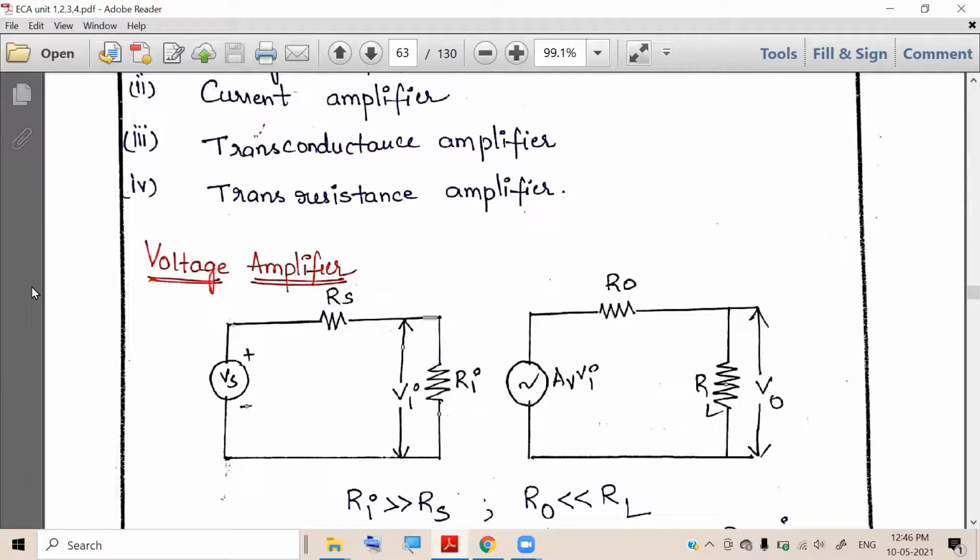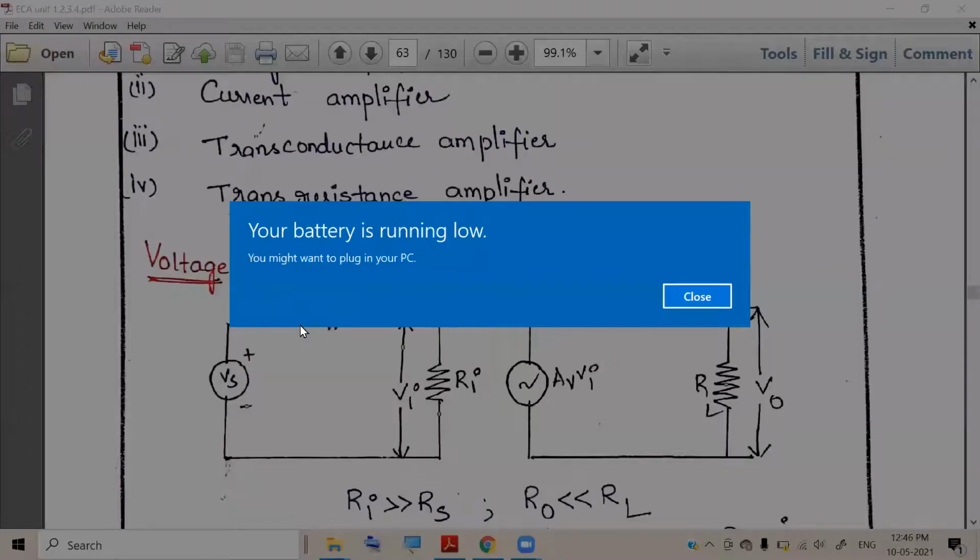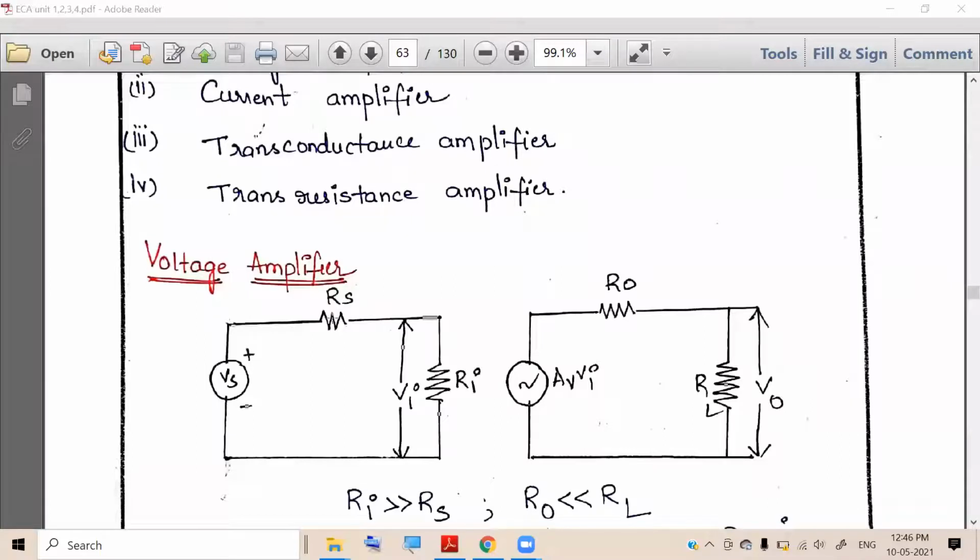Where are the possible losses? One of the possible losses is here. Another possible loss. What do I mean by loss is, suppose we have Vs. If the entire Vs without loss appears at Vi, then that Vi multiplied by gain will appear here.